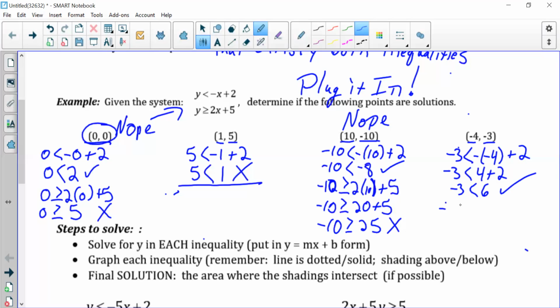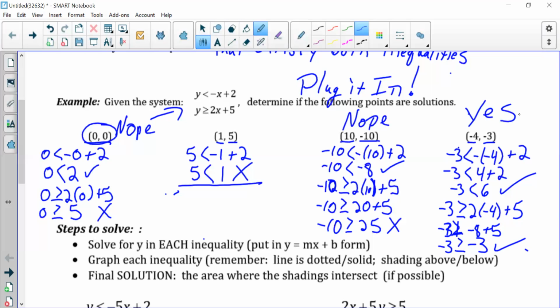Negative 3 is greater than or equal to 2 times negative 4 plus 5. So negative 3 is greater than or equal to negative 8 plus 5. Negative 3 is greater than or equal to negative 3. Hey, that also works. So yes, this point is a solution to this system.